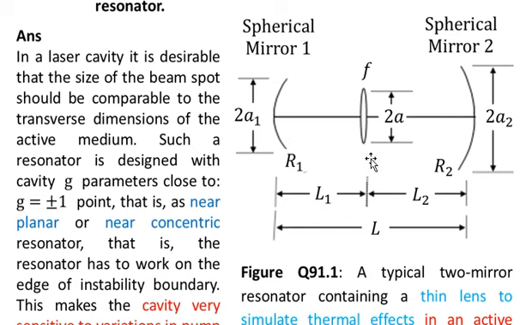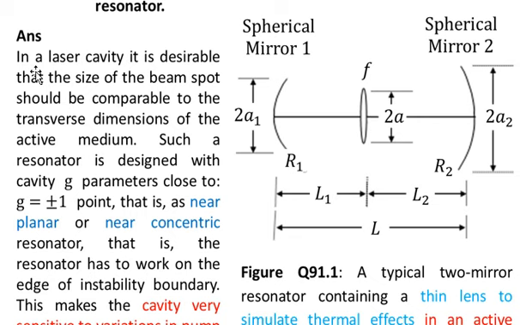To simulate such thermal effects, we insert a lens of focal length f and diameter 2a within the resonator. The change in the focal length of the lens will help us to simulate the thermal effects in the active medium due to the pump power variations. So I think the description of the figure is complete.